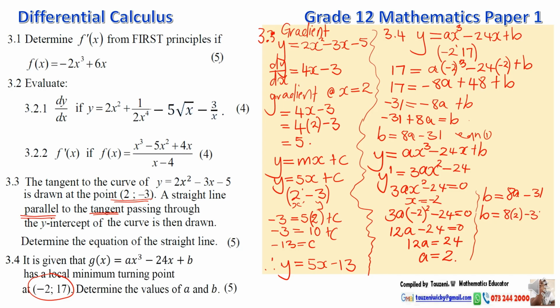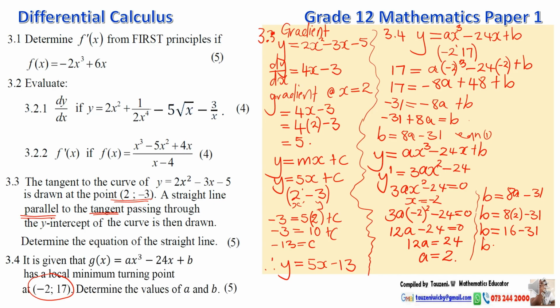So you can simplify this with a calculator maybe, but even without a calculator you can still simplify it and get your answer to the question. Then once you do that, you have worked out the answers for number 3.4. B is equal to -15.